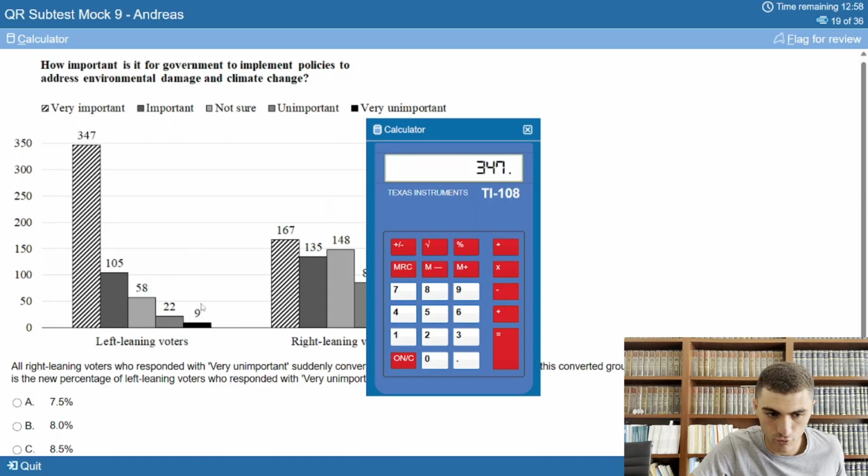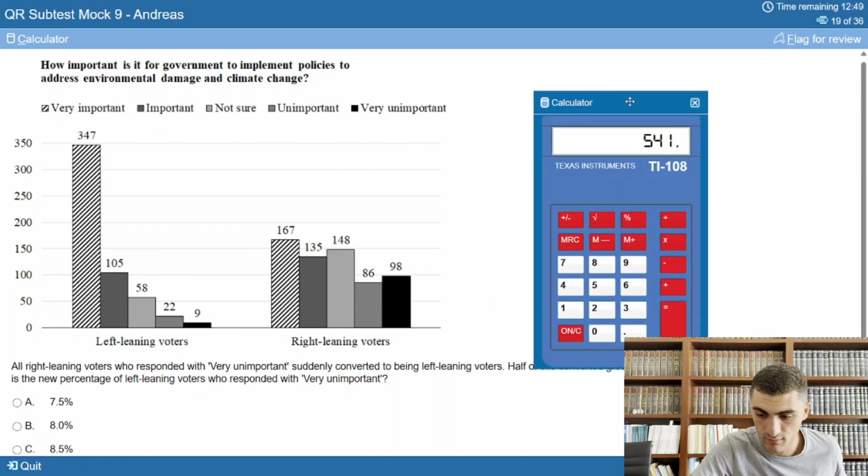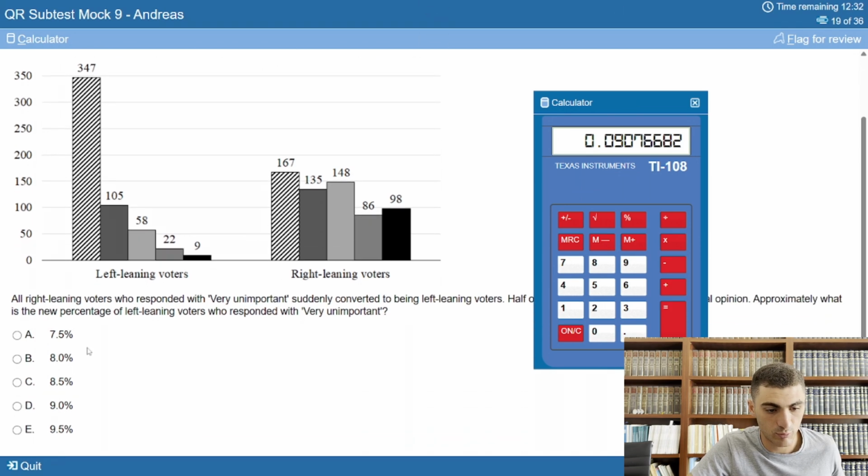So I think it was 541, but anyway, so 15 plus 58 plus 22 plus 9, okay, yeah, so I was right. And then we add 98 to that, so it's 639. I'm gonna write that down, 639, and we add 49 plus 9 is 58, and we divide that by 639 is 0.09, so it's 9% basically.